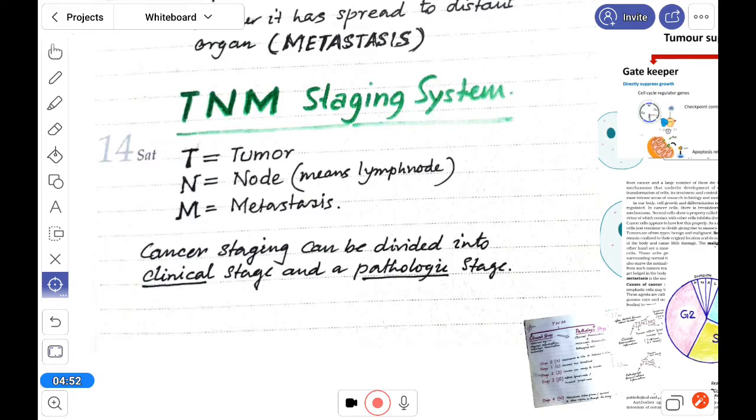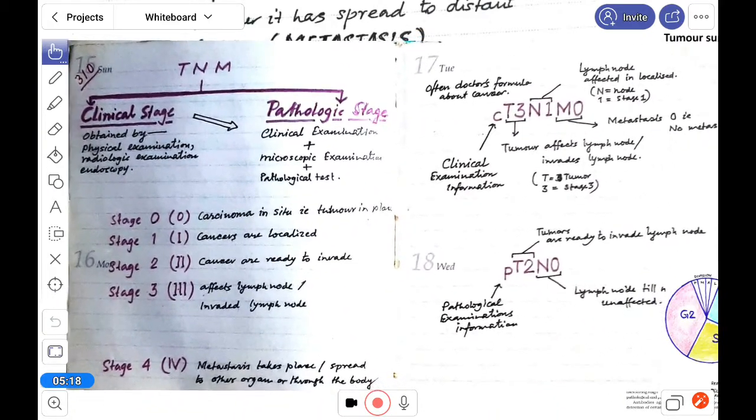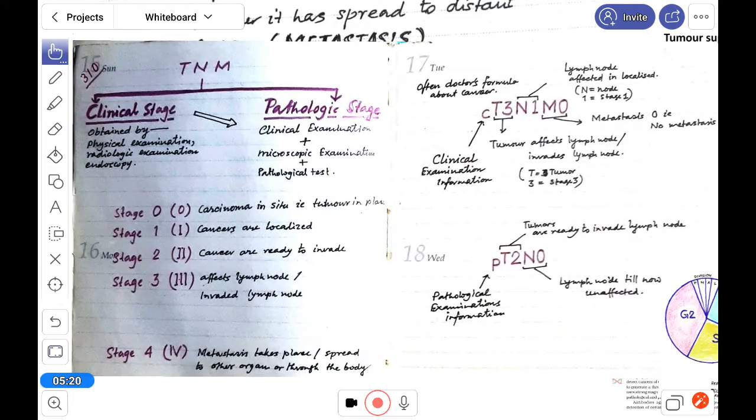T stands for tumor, the size of the tumor. N stands for node, meaning it has invaded the lymph node. M stands for metastasis, whether metastasis has taken place or not. So this is TNM staging. There are two kinds of examination: clinical examination, that is physical, and pathological examination.